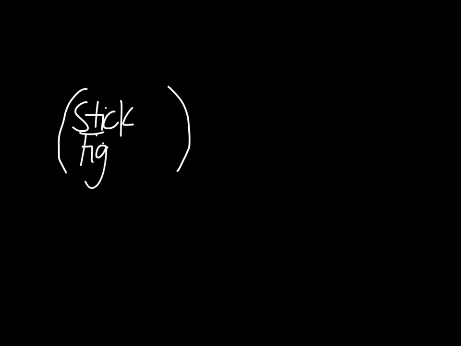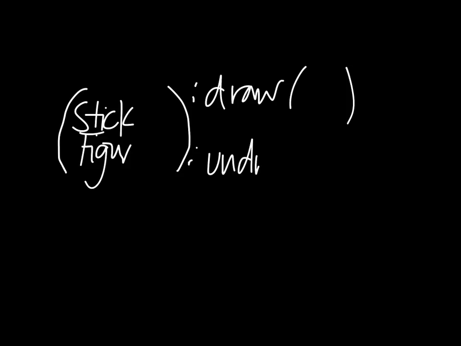With class-based thinking, if you imagine there's your class, so this is my StickFigure class. This stick figure has an interface. One of its interface elements is a draw method. One of its interface methods is an undraw method.